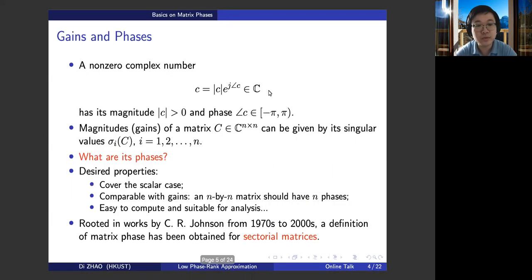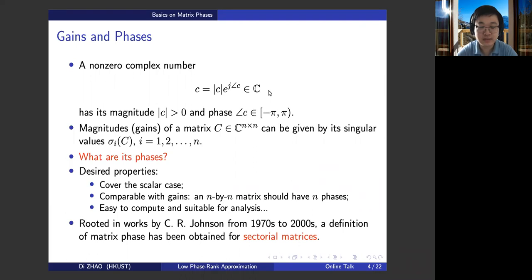Let's see what desired properties a phase should have to be workable as an alternative definition. The phase of a matrix should definitely cover the scalar case as a special example. We also hope that the phase is comparable to the gains, in the sense that an n by n matrix, which has n gains, should also have n phases, so that we can compare phase and gain.